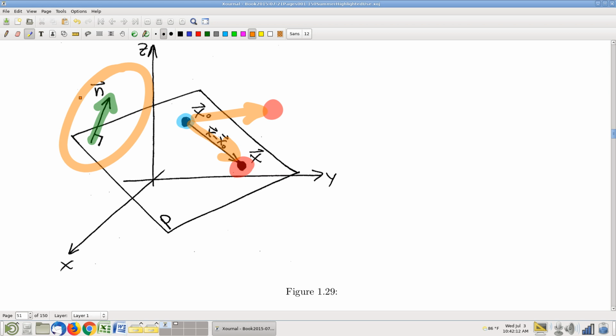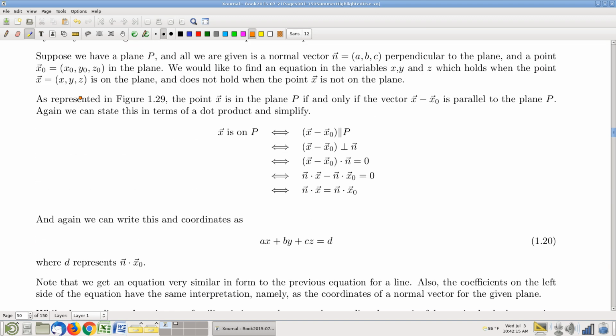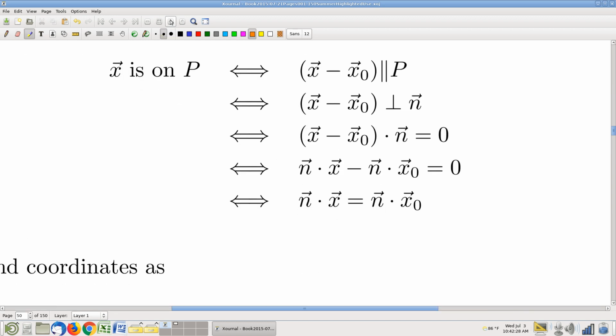Right? So you can go through that same exact argument. Here's how it looks algebraically, and notice you get to a seemingly analogous looking punchline: n dot x equals n dot x naught.